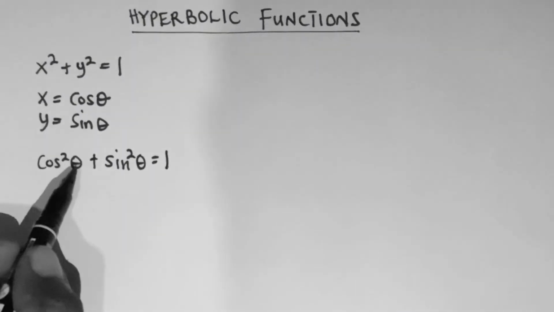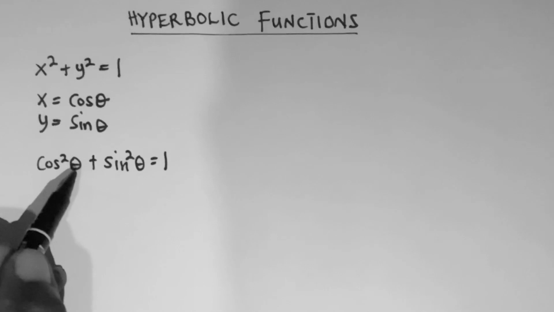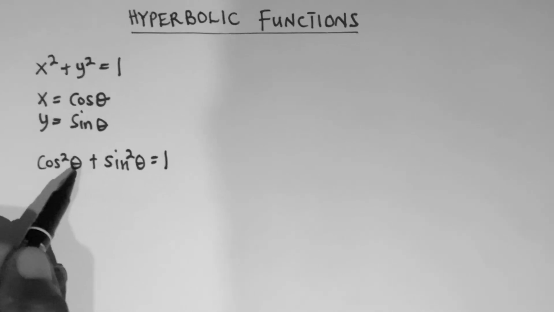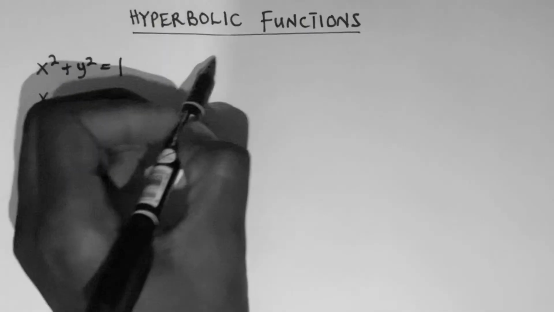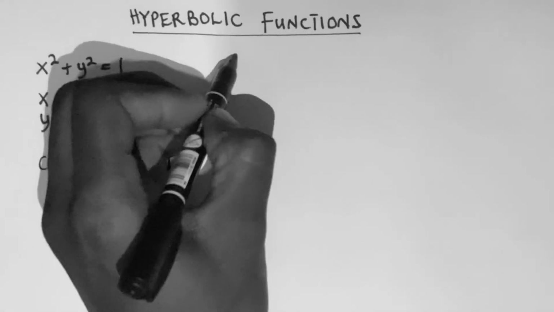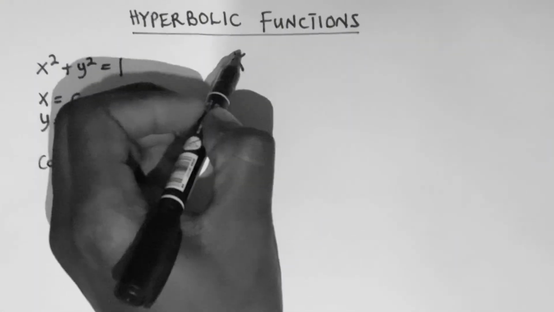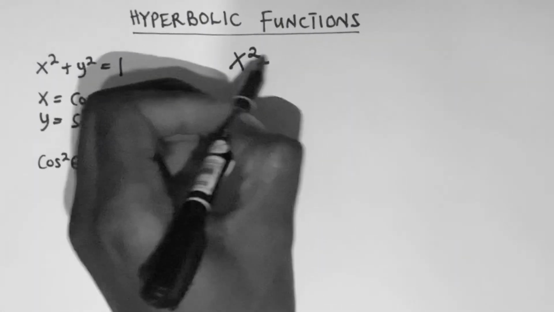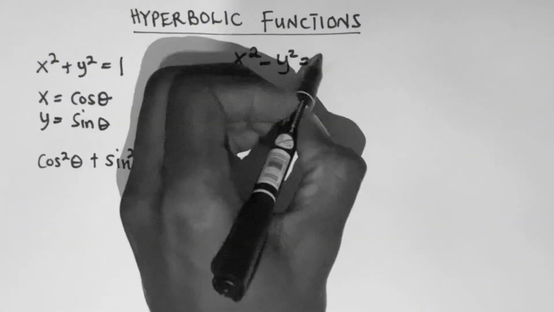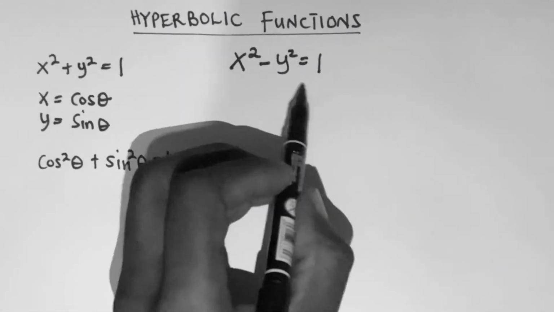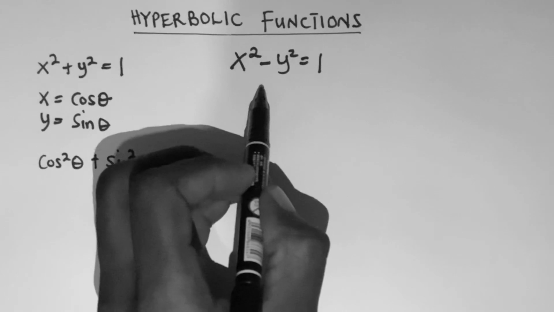So this is the equation that we get in trigonometry. But hyperbolic functions are normally functions that come in the form x squared minus y squared equals 1. So this is the equation for a unit hyperbolic function.